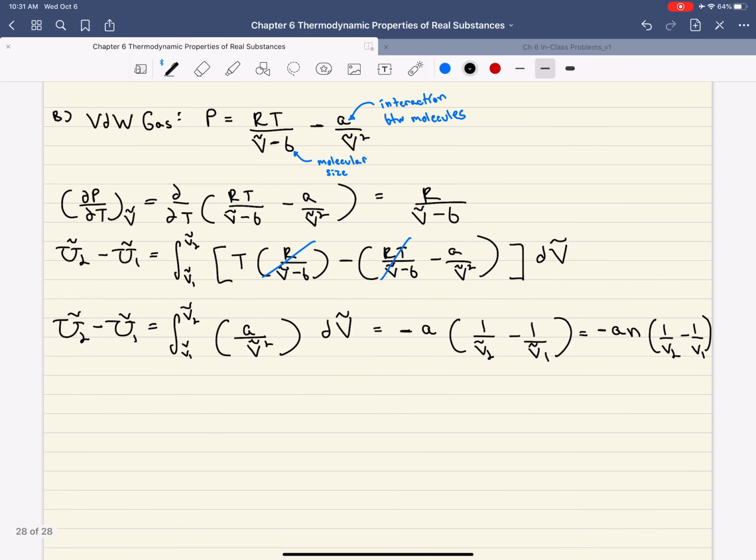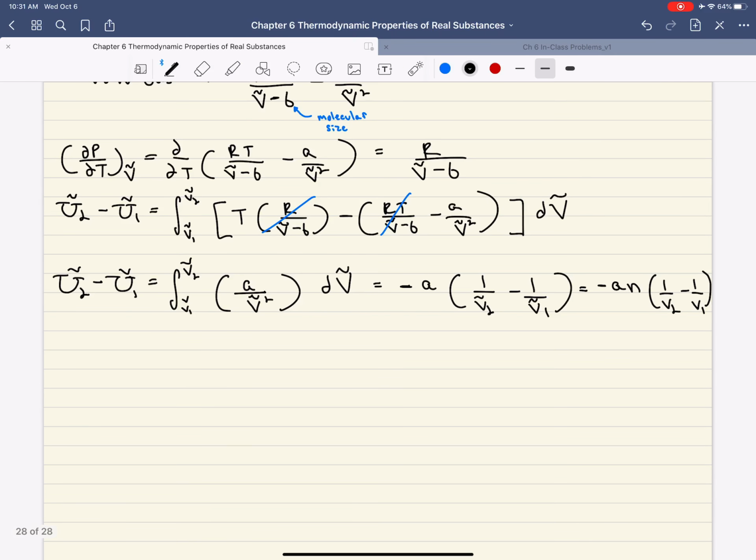At this point, what we could do is we can now start plugging in the different van der Waals gas parameter values, the A and B, that correspond to different gases. All right? So, for example, if we're dealing with nitrogen, we know that that A parameter was 1.4 liter squared bar per mole squared. Okay?